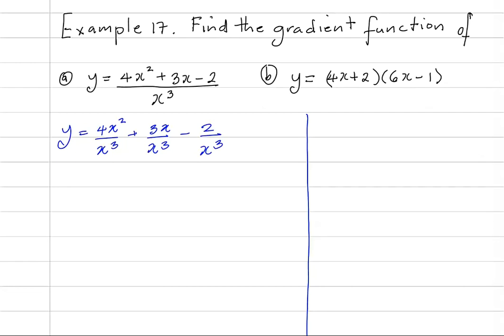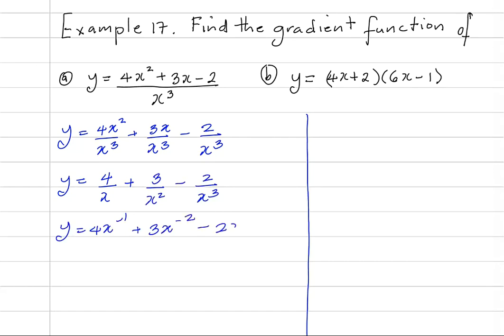So here I can say that y is equal to 4 over x plus 3 over x squared minus, and we have what? 2 over x cubed. Bring the x's up, we have y is equal to 4x to the minus 1 plus 3x to the minus 2 minus 2x to the power 3.